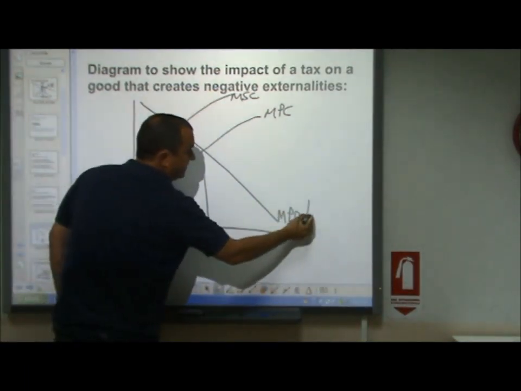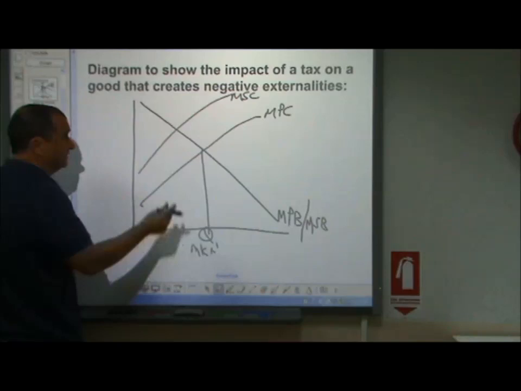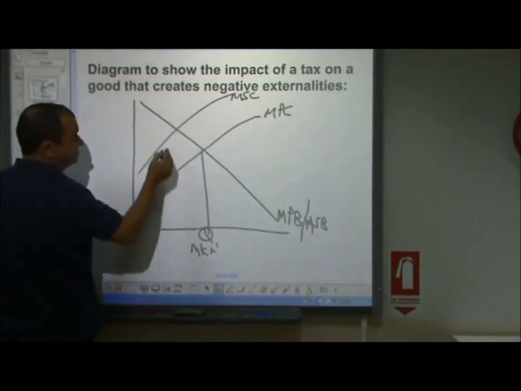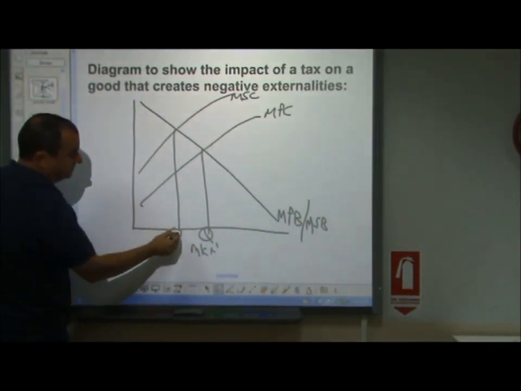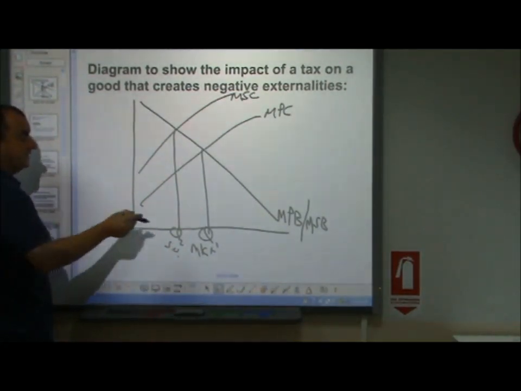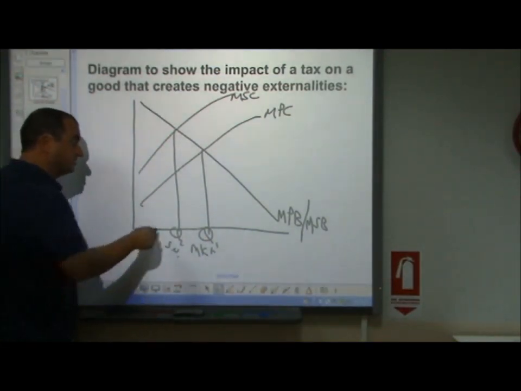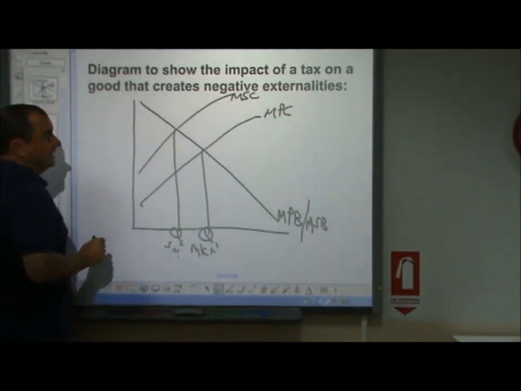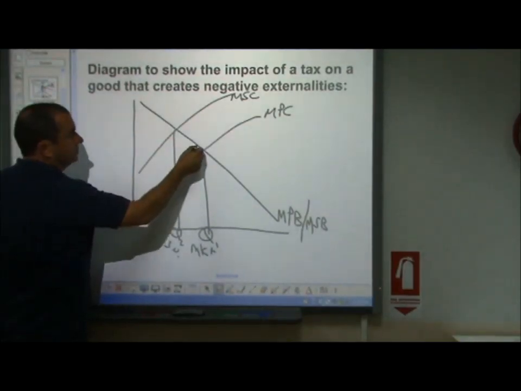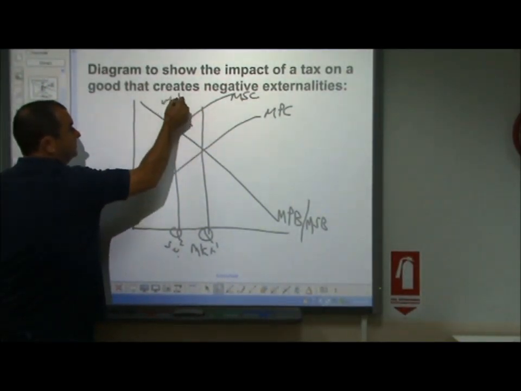We'll say there's no other benefits to be had. So marginal social benefits is the same as marginal private benefits, but there are external costs, showing us that the socially optimal level, Q2, is lower than the market-generated level of output. The market is creating too many of these goods. And there is a welfare loss of that area there, welfare loss.